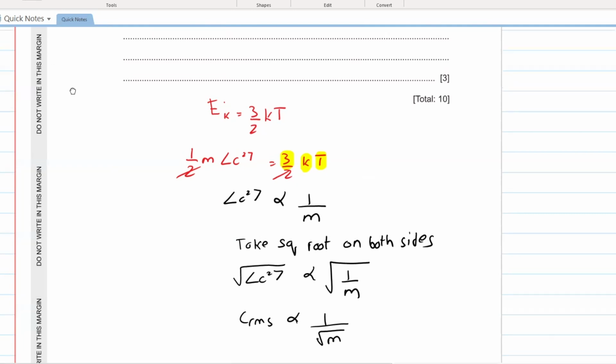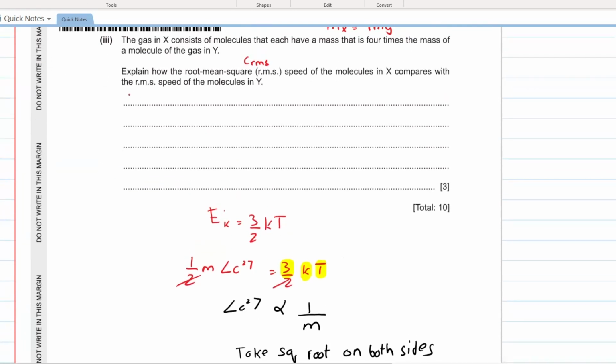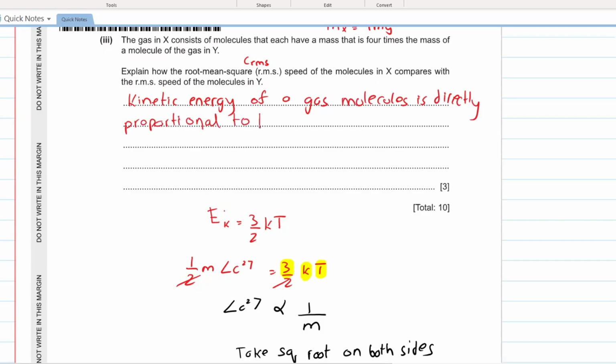Kinetic energy of a gas molecule is directly proportional to temperature and to what?